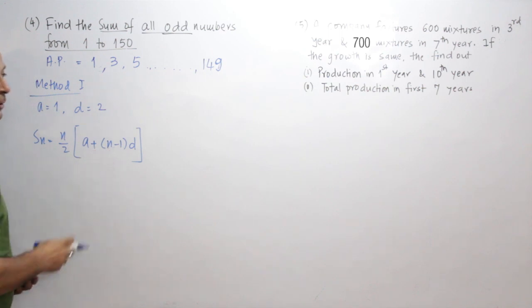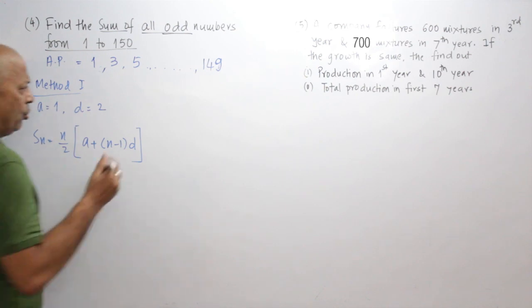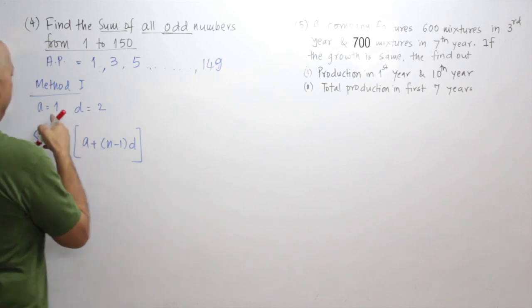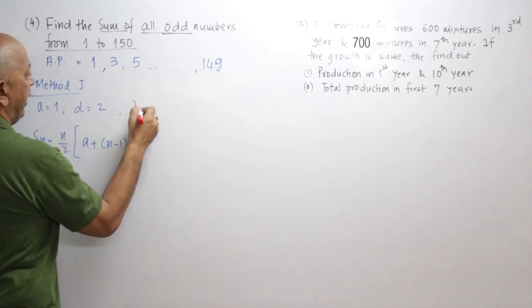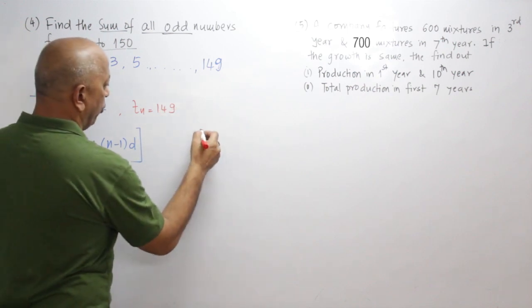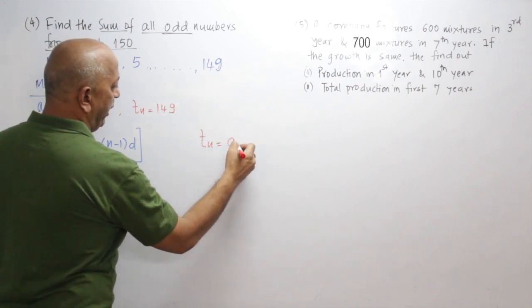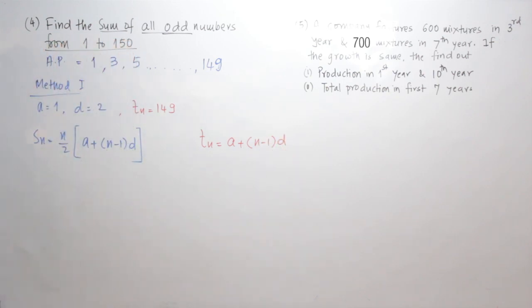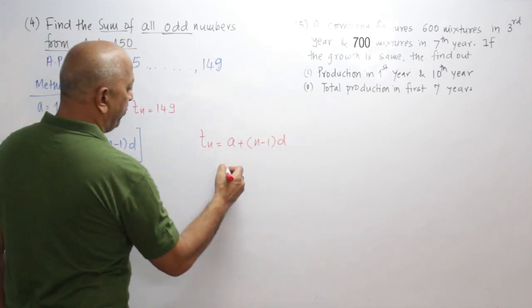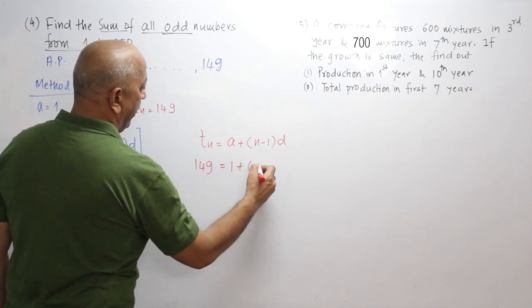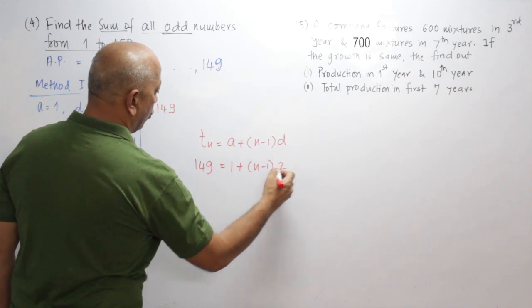Think, how to find n? It's quite simple. We know the nth term. So Tn is 149. First value is 1, n minus 1, and d is equal to 2.